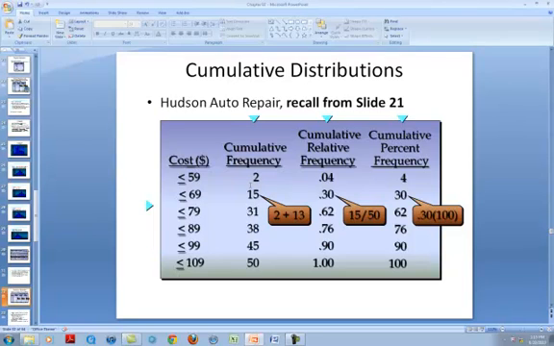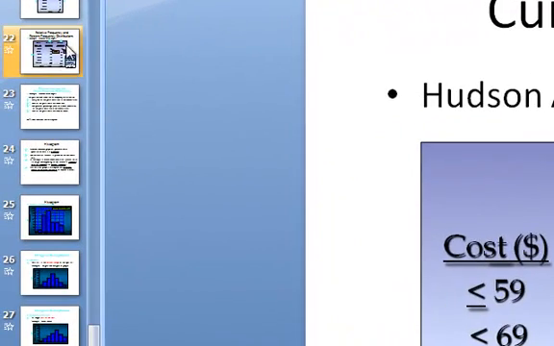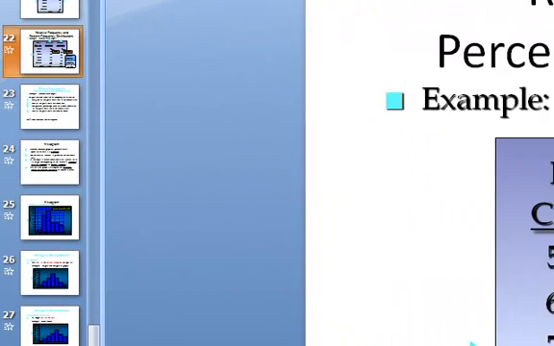Using the same logic, we can construct the cumulative relative frequency distributions. Let's go back to slide 22. 0.04 of the observations are less than or equal to 59. 0.26 of the observations are less than or equal to 69.